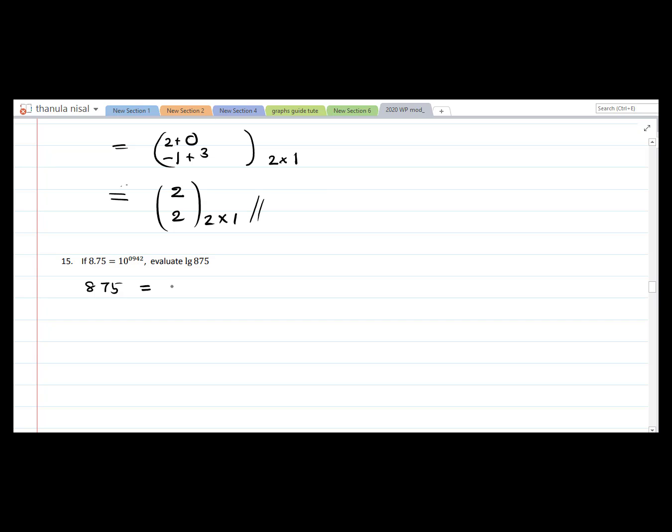I'm going to write this one as 8.75 into 10 to the power 2, using scientific notation. Then instead of 8.75, I can apply the log table value 0.0942.